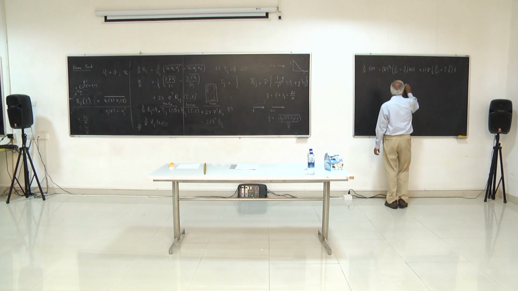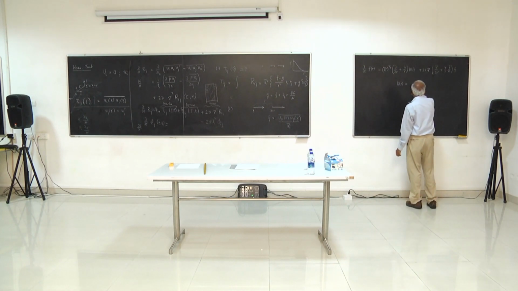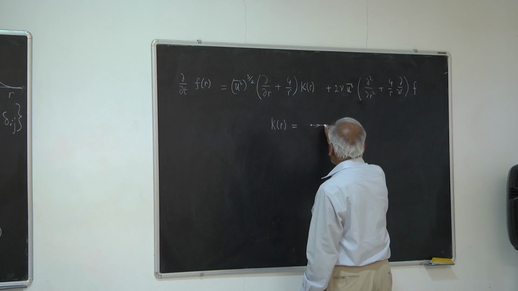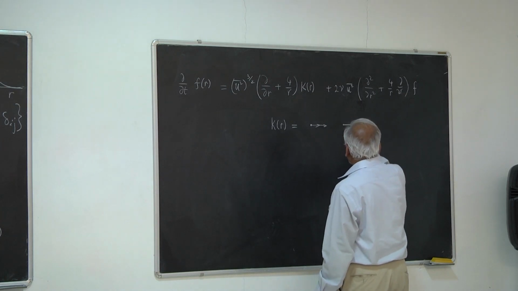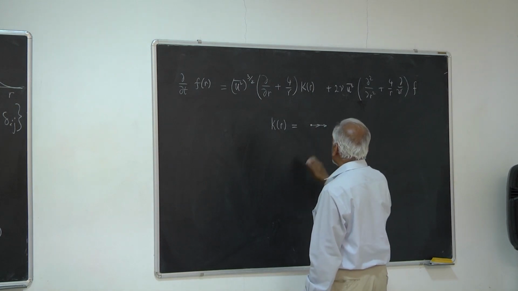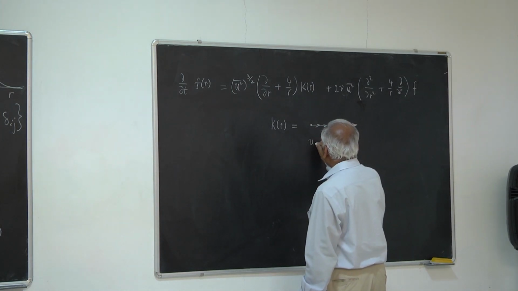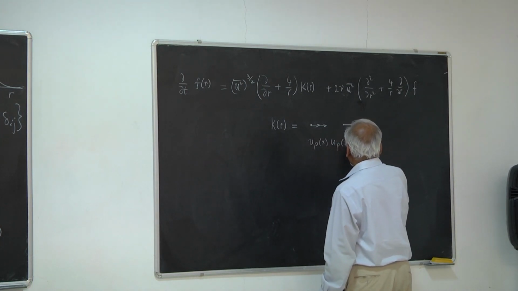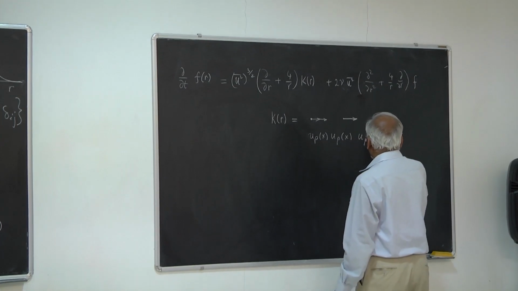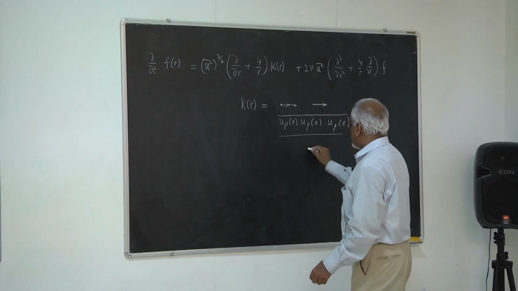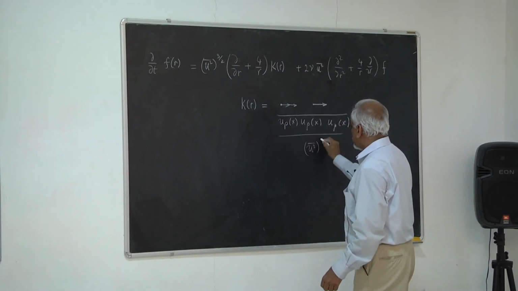Just as we defined f of r and g of r, k of r will be, let's say I have positions i and j. I take one velocity there, another velocity there, and a third velocity there. And I compute the statistical average of the product of these. So it will be u at x, u at x, u at x prime, the average, divided by u squared 3 halves.